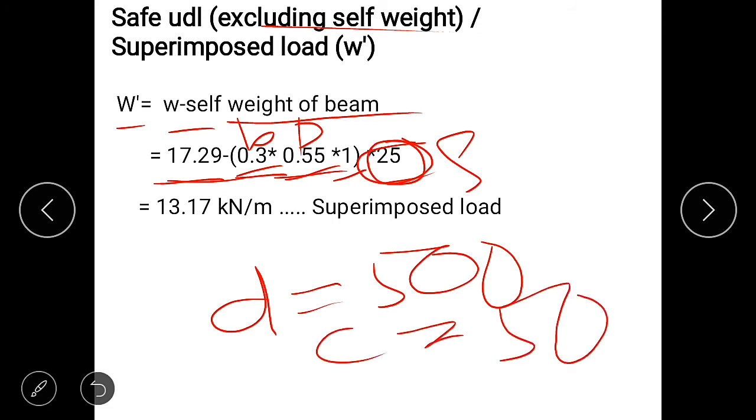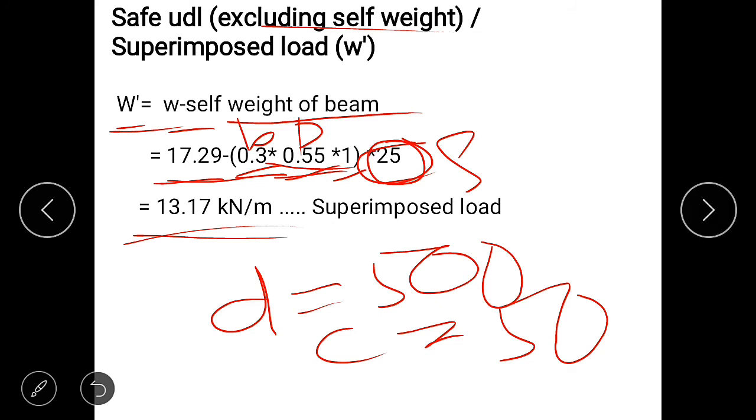So 50 plus 500 is 550 mm, and 550 mm converted to meter is 0.55. So the safe UDL calculated excluding self weight, the answer is 13.17 kilonewton per meter. It is also called superimposed load.